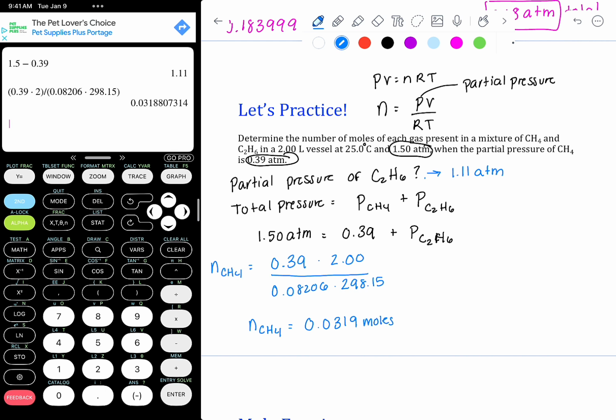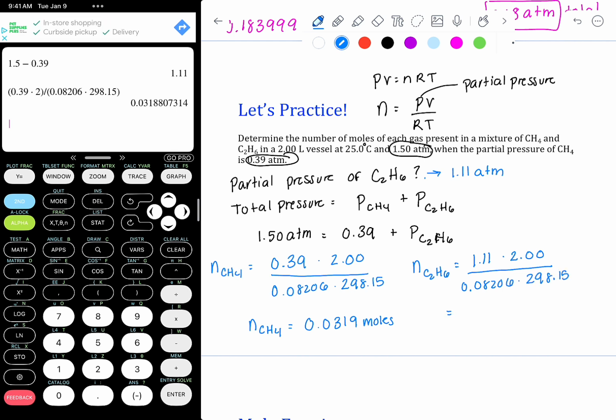We can do the same for C2H6, so we have n of C2H6, and its pressure was 1.11 atm, but everything else is the same. The volume's the same, the R is the same, and the T is the same.